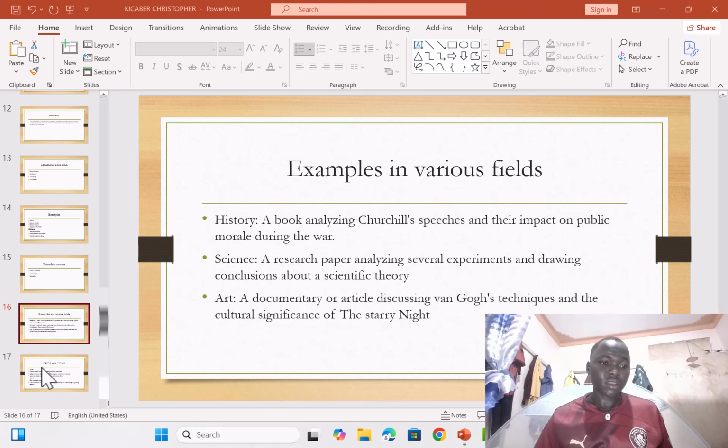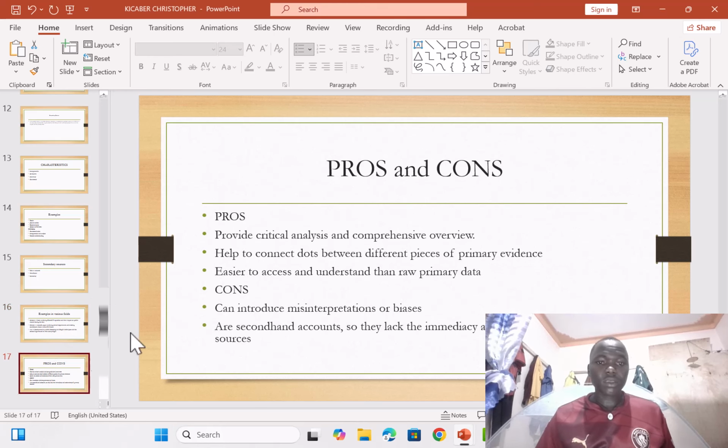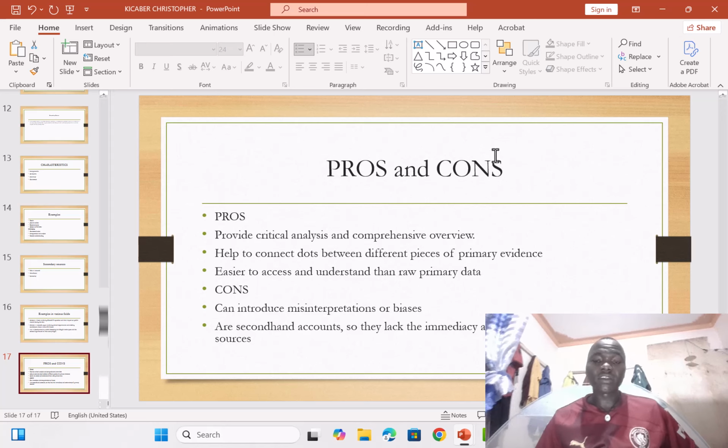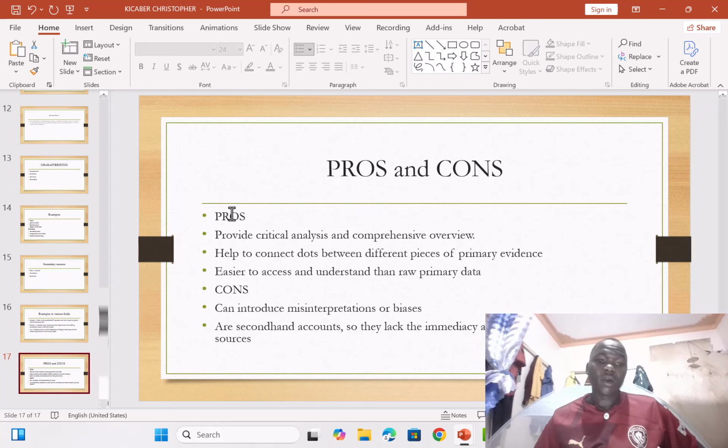Okay, so we go to the next slide. Here we have the pros and the cons, the advantages and the disadvantages of these secondary sources. We start with advantages. They provide critical analysis and a comprehensive overview.